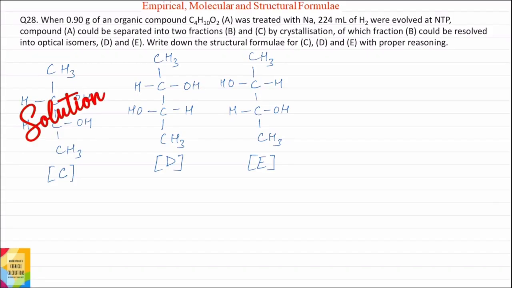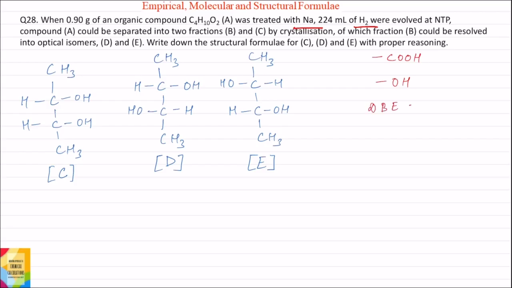Now according to the question, the compound A reacts with sodium and hydrogen is evolved, which means this compound A may contain COOH group or OH group. But the double bond equivalent of compound A is 0.